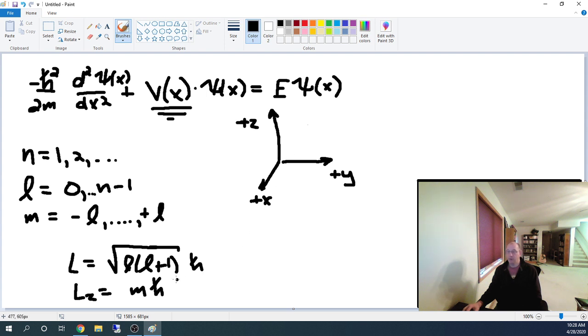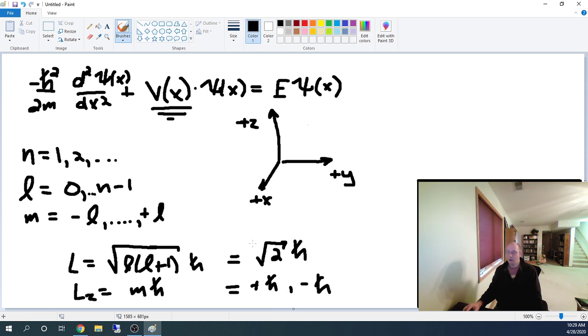You have specific ones. So if l is equal to 1, the angular momentum quantum number is l equal to 1, but capital L, the angular momentum itself, is the square root of 2 times h bar. L sub z then could be either positive h bar or negative h bar.